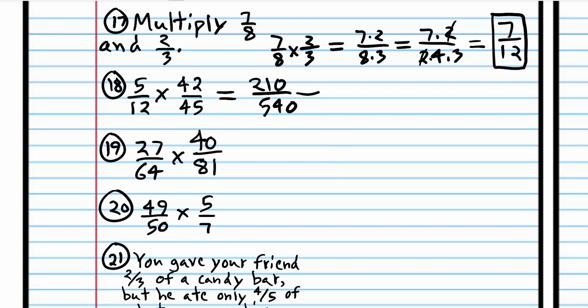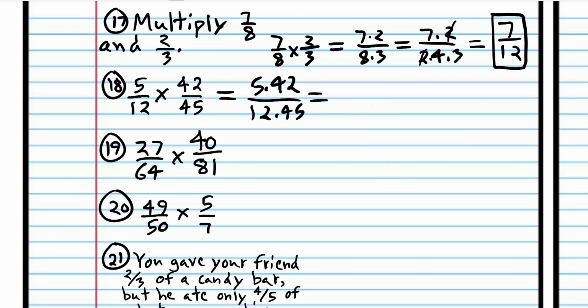Then I have to go backwards and factor them again to get 5 times 42 over 12 times 45, and so it's just counterproductive. So we're going to keep it in factored form. Five times 42 over 12 times 45.